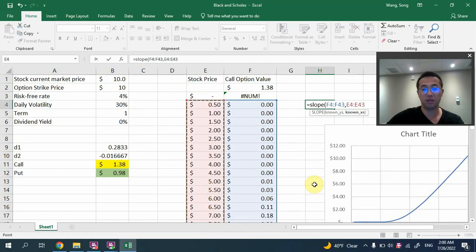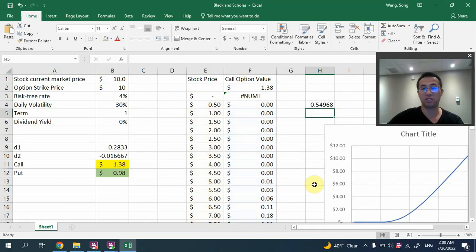Okay, then you can get the slope of it. So that's the sensitivity, and that basically is the delta. And the delta basically tells you that when the stock changes by $1, the option value would change by $0.55.